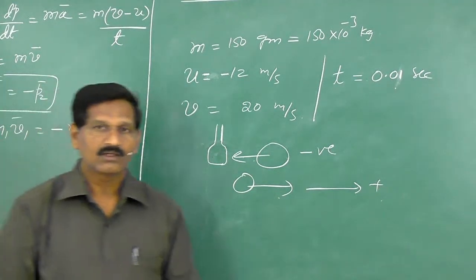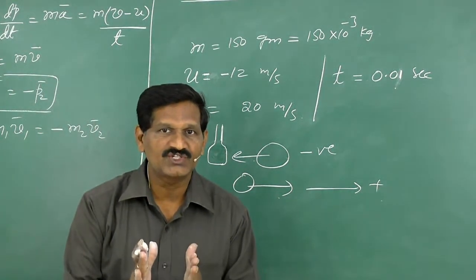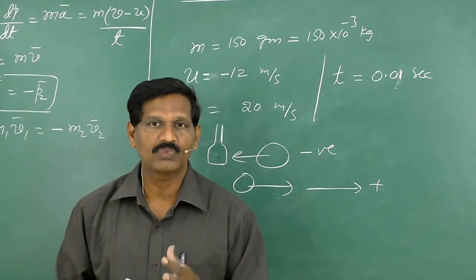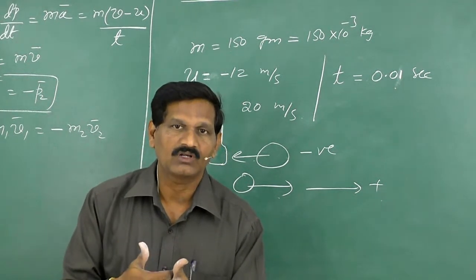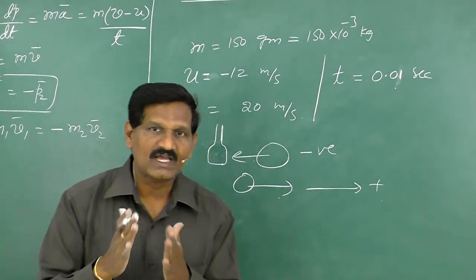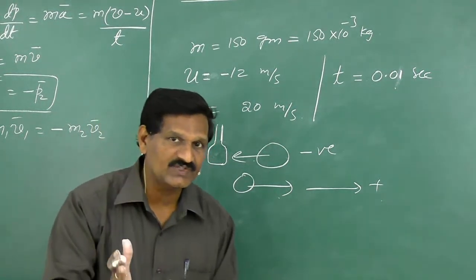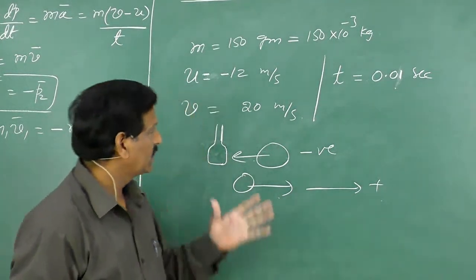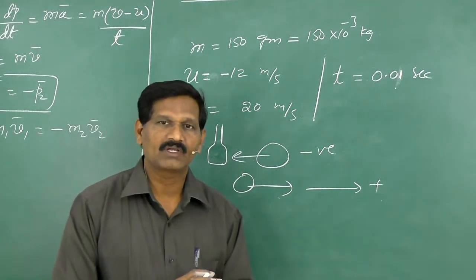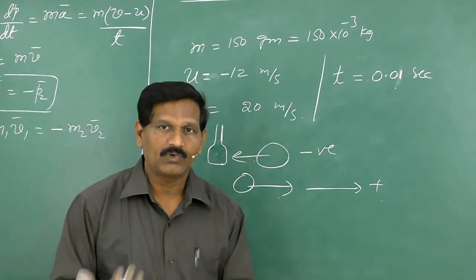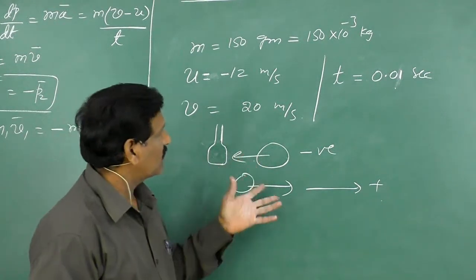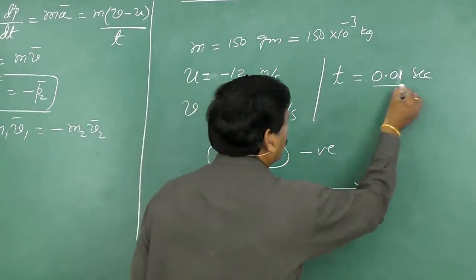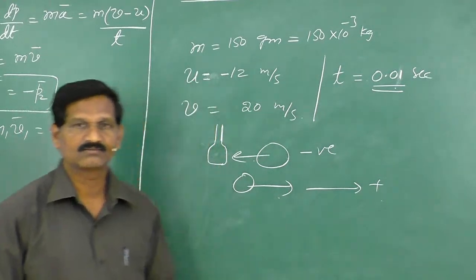So here the velocity change takes place because of the contact of the bat with the ball. So the velocity of the ball changes because of the hitting of the ball by the bat. Hence, the change in velocity takes place in a time of 0.01 second.